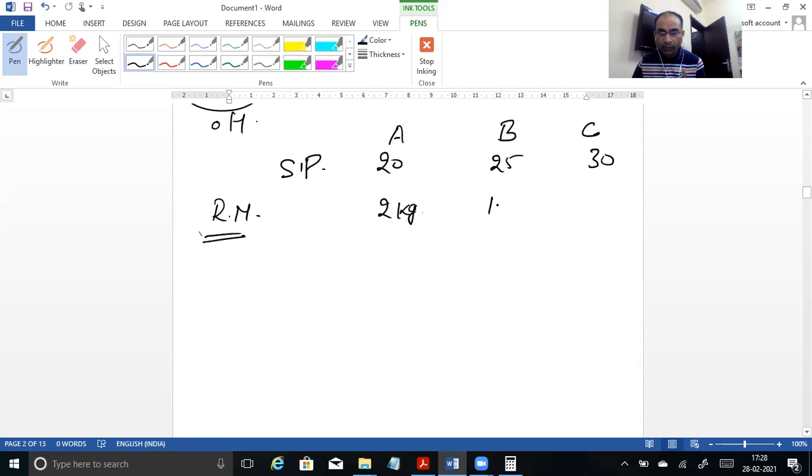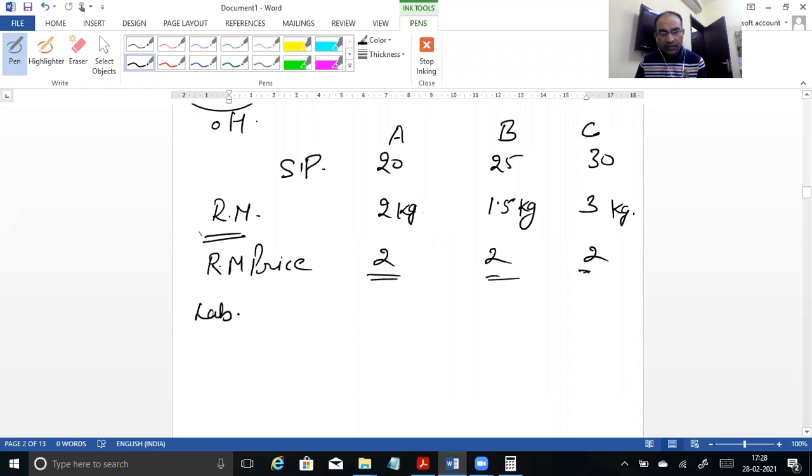Here I am using 1.5 kg for 1 unit. Here it is, say for example, 3 kg in 1 unit, right? And raw material price is 2, 2, 2 for 1 unit. The same raw material is used in all the 3 products, right? So this is the price.